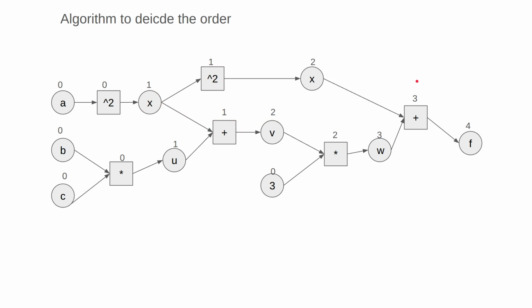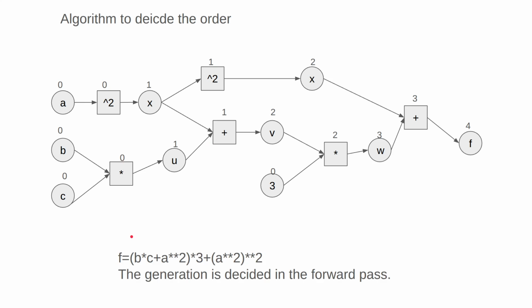So we call generation 3, generation 2, generation 1, and generation 0 here. So the order will be completely correct.